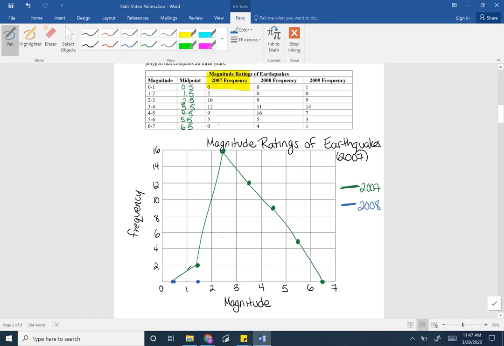Between 2 and 3, we have 9. And then 11, and then 16, and then 5, and then 4. Once you have all your dots drawn, again, you're going to connect them with a straight line.